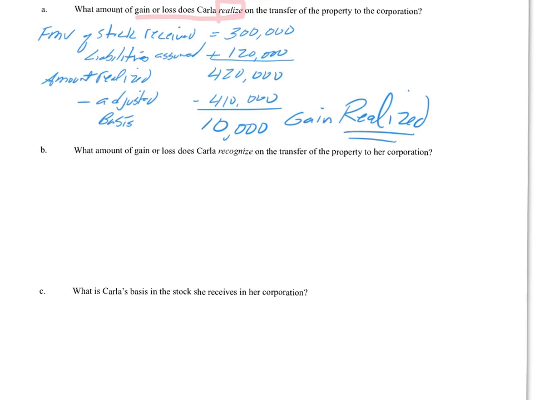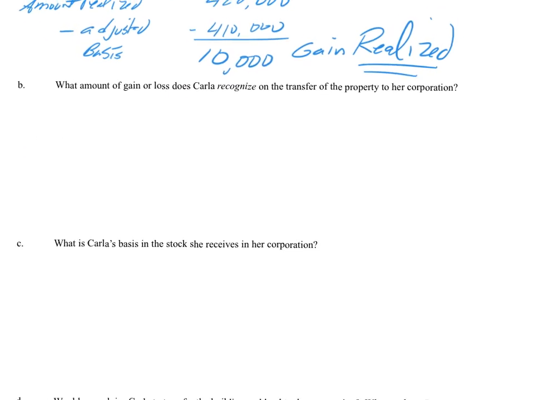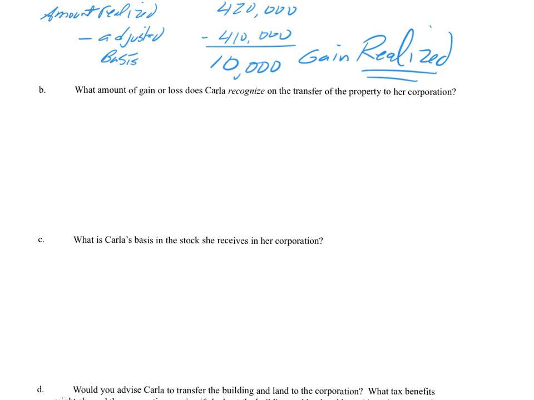So now let's go on to part B. And part B is pretty predictable. This part asks us, what amount of gain does Carla recognize in the transfer of the property? Okay? And so what does she recognize?